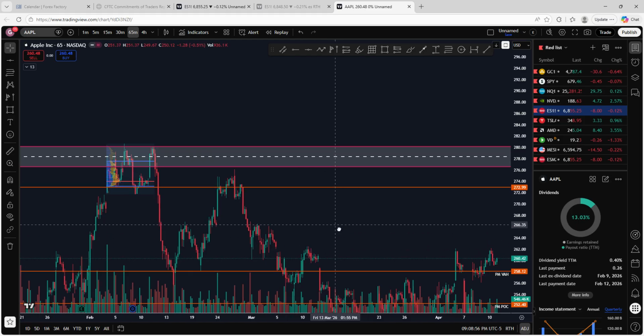In my opinion, you should be looking to short here 100% of the time, but you've got to manage your risk. If you know that your POC is here, but your stop needs to be above this guy, that becomes pretty wide.